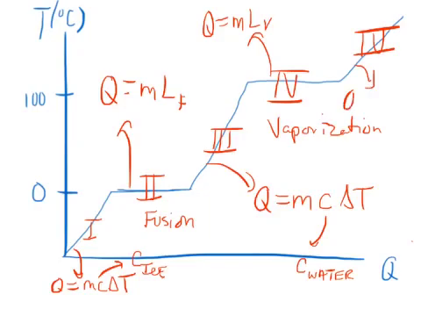And finally, the last stage, the Q needed to boil, is still mC delta T. But remember that this C is not the C for ice, not water, but now it's the C for steam. I was going to put gas, but let's call it steam, since water we call steam.